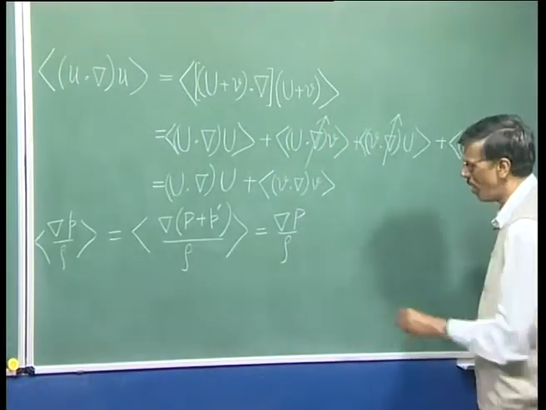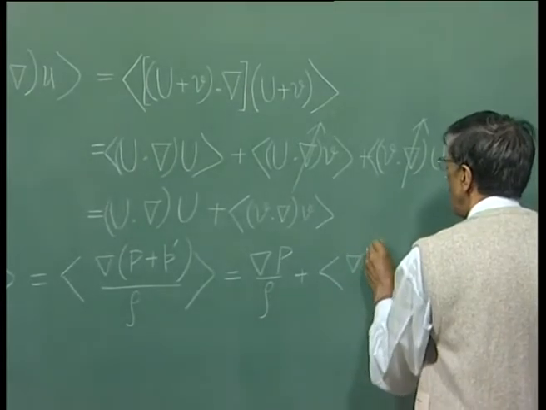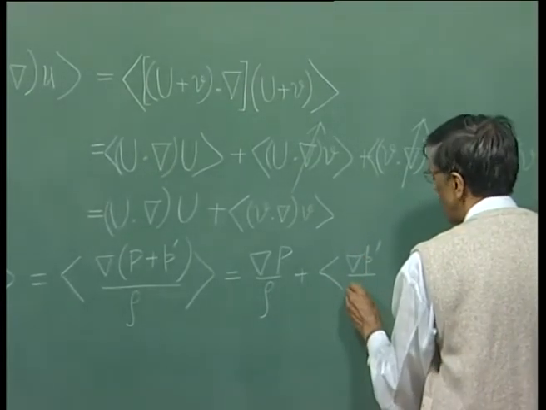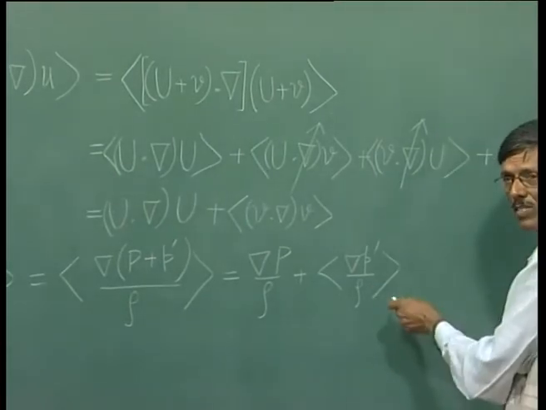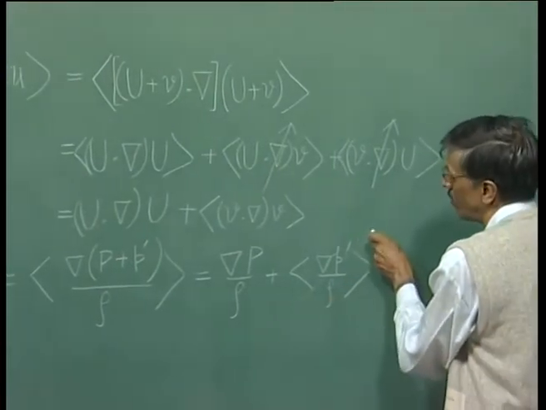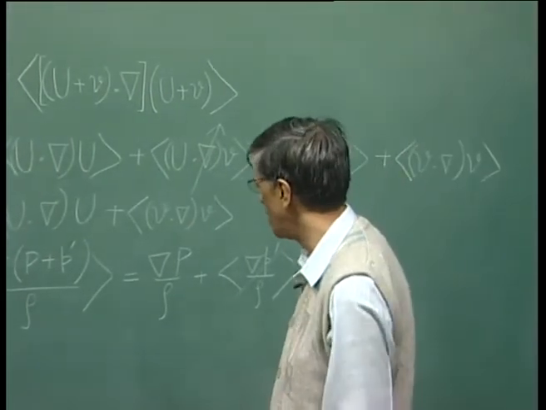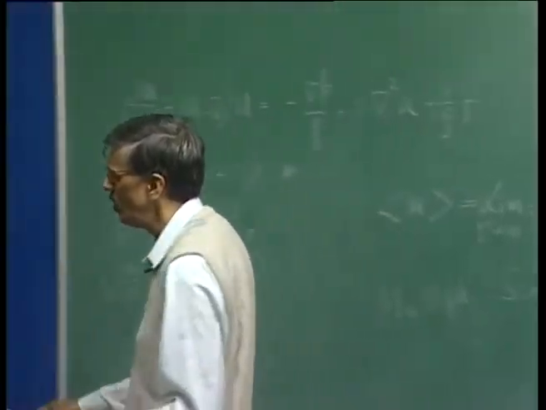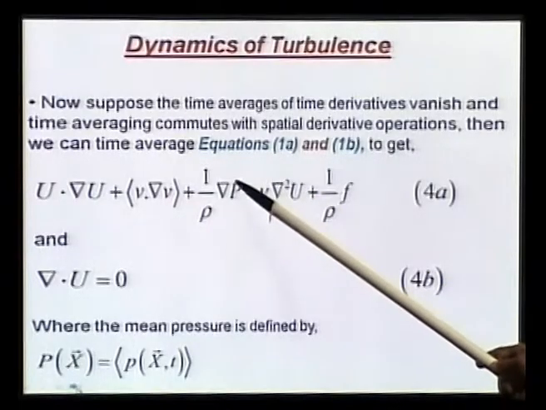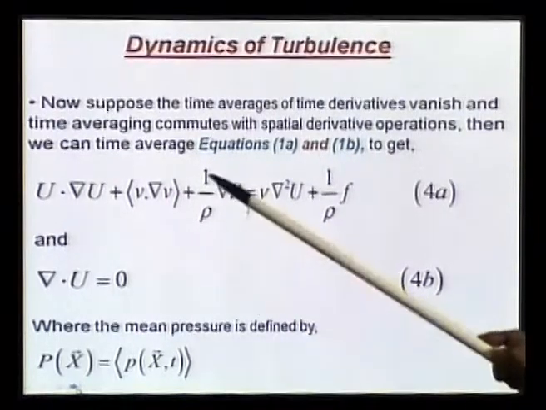What about this term? The fact that the pressure fluctuation is also random, and if I am doing a time averaging operation, this also should go away, right. So, we do get that this pressure term will simply give us the gradient of P by rho, that is what we get.